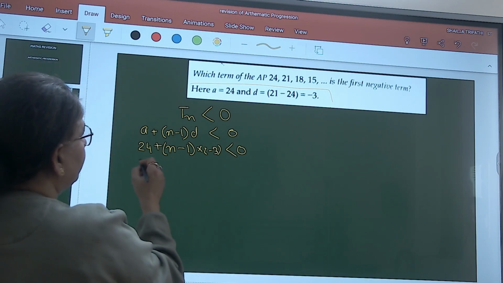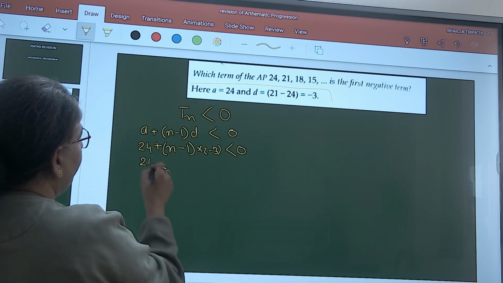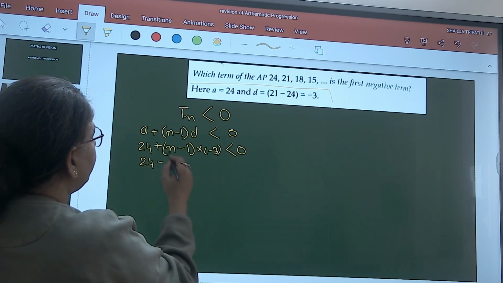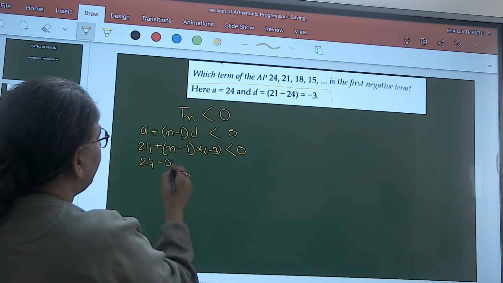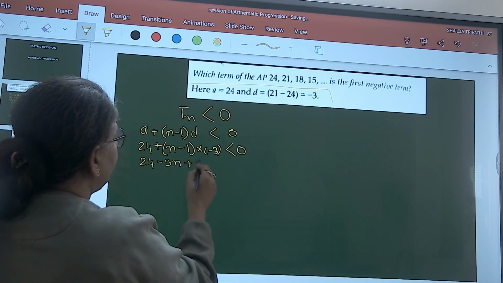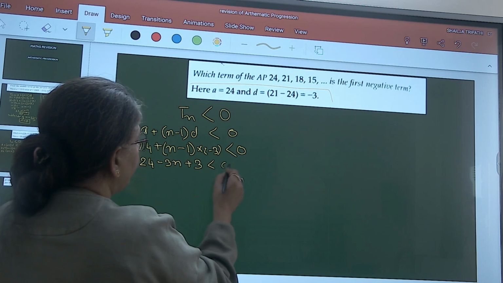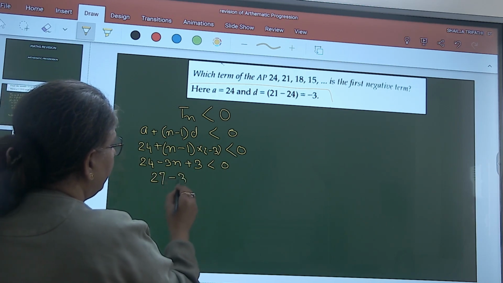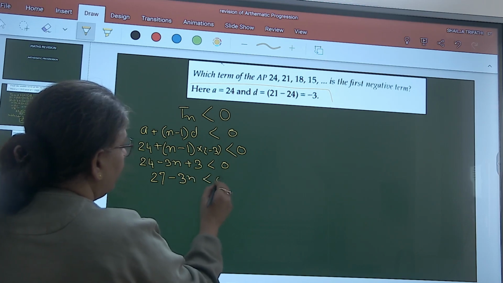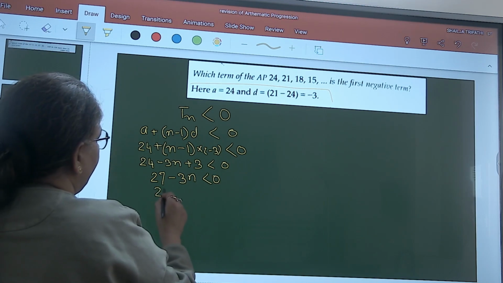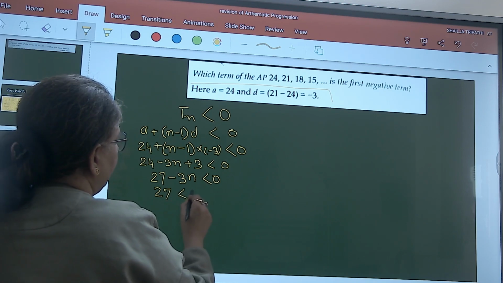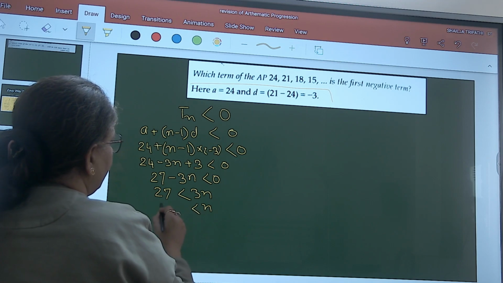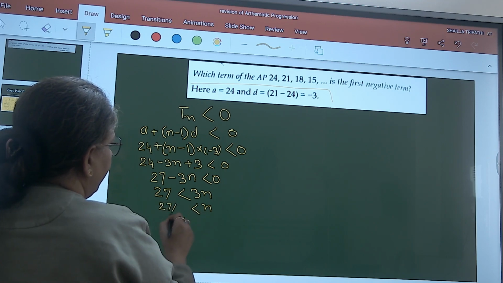Let's solve this. See what we get. 24 minus 3n plus 3 should be less than 0. So we get 27 minus 3n is less than 0, or here we get 27 is less than 3n, or n is greater than 27 divided by 3.